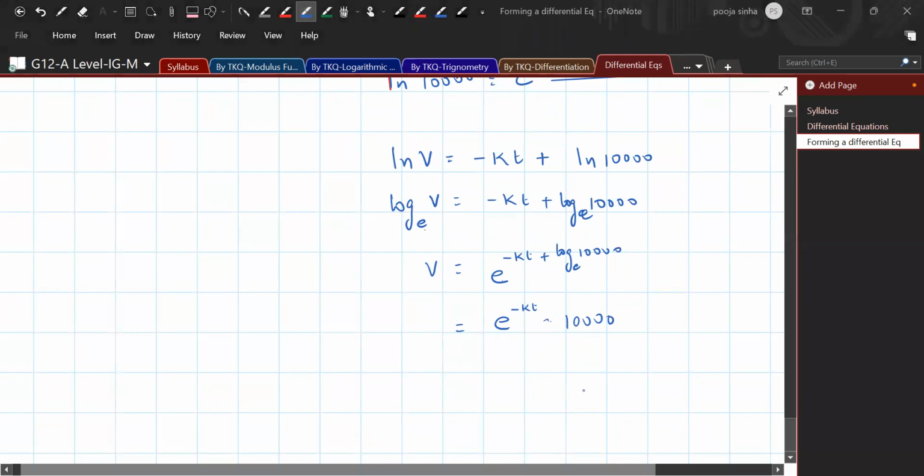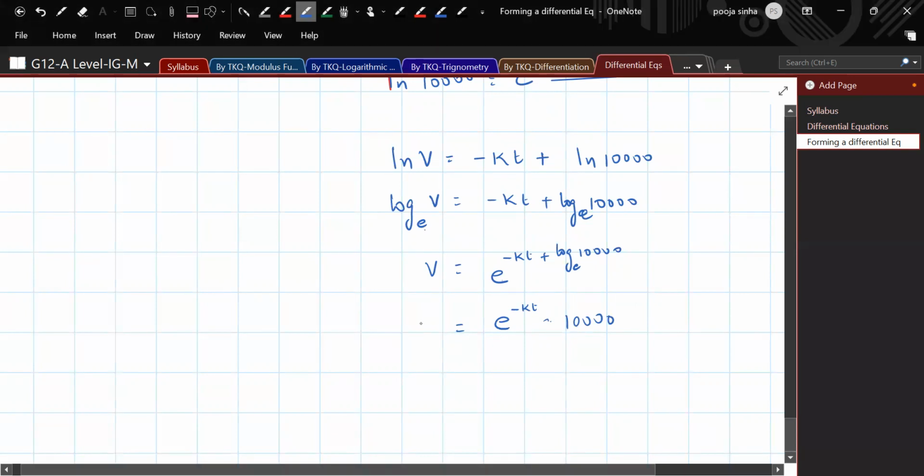Wait. How did it cancel out? Because I'm saying I have e, and the power of e is log to the base e of 10,000. So e to the power of log of the same thing, these two become 1.